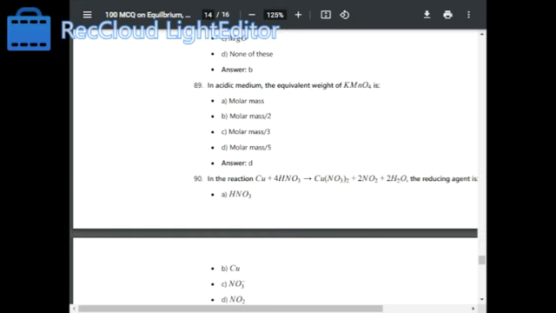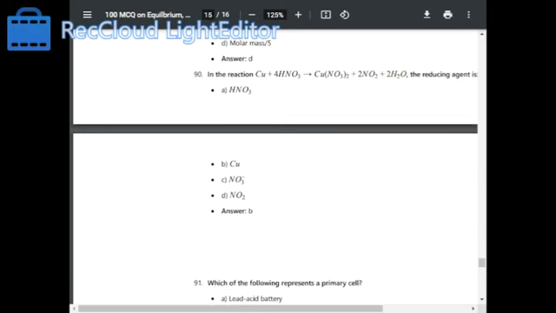Question number 90. In the reaction Cu plus 4HNO3 equal to Cu(NO3)2 plus 2NO2 plus 2H2O, the reducing agent is option A HNO3, option B Cu, option C NO3 ion, option D NO2.